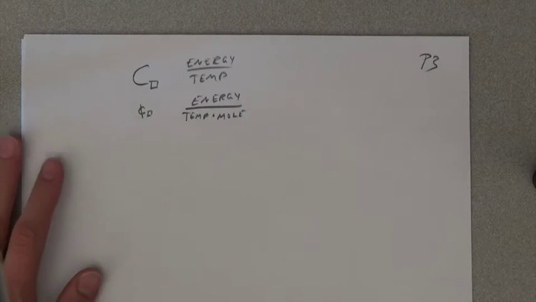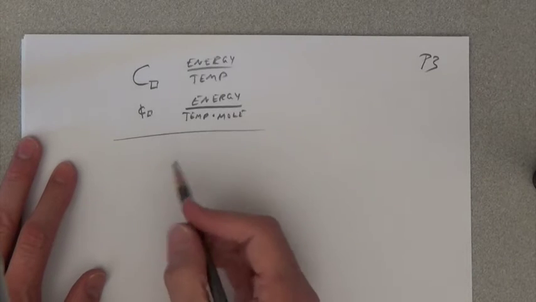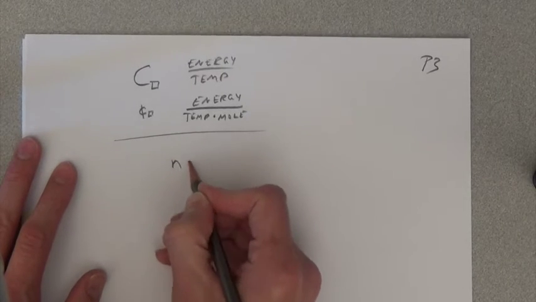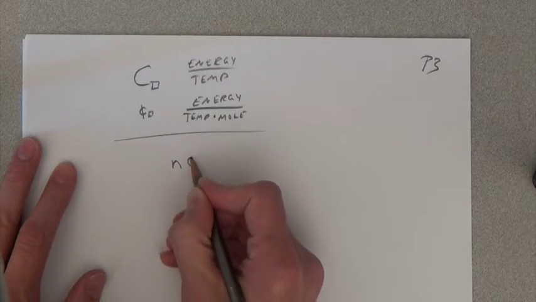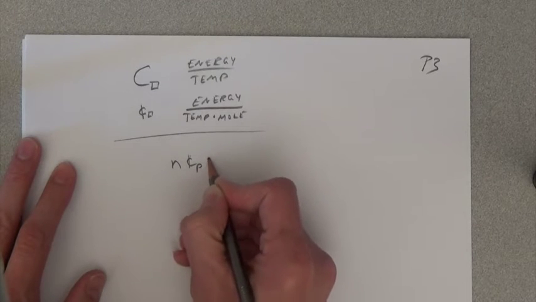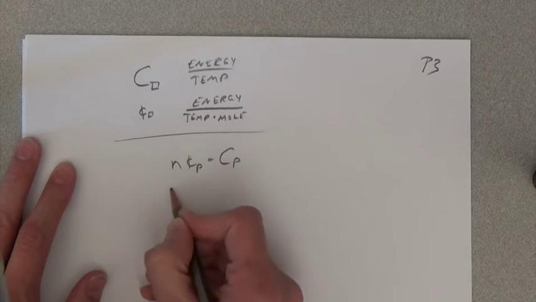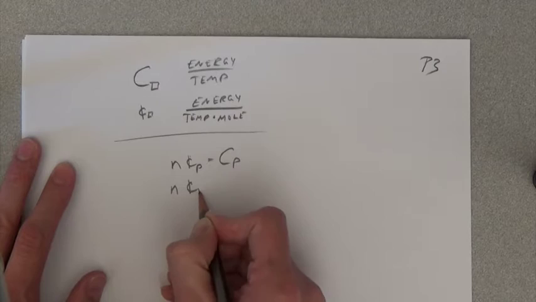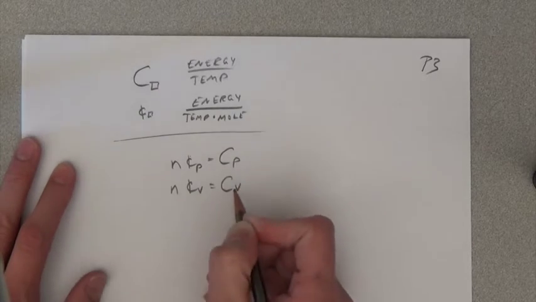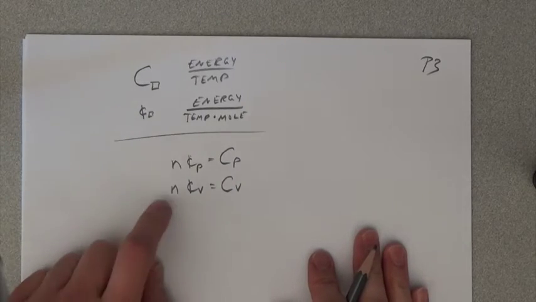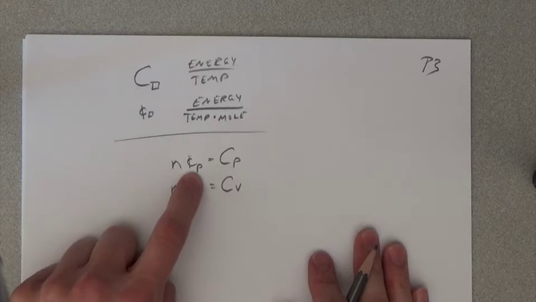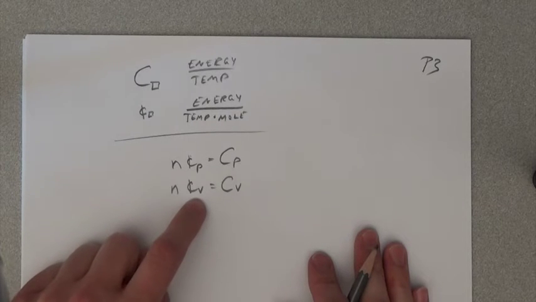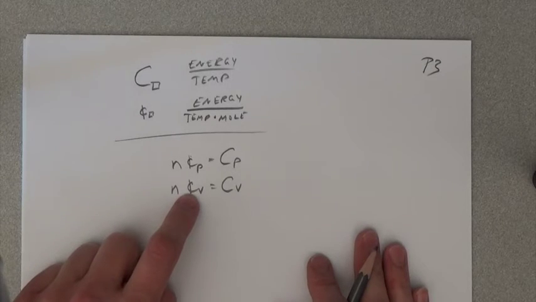So now within heat capacities, we can have a molar heat capacity, where the barred C sub P is equal to Cp, and the barred C sub V is equal to Cv. So we can have a molar constant-pressure heat capacity and a molar constant-volume heat capacity.